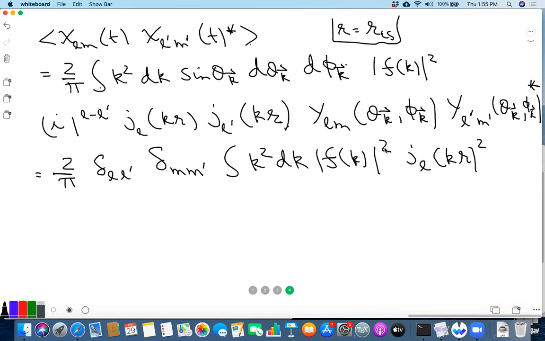There's a factor coming from the correlation function, P_R of k. The 2 pi cubed has gotten cancelled. So what happened to the other? This 2 over pi is the 1 over 2 pi cubed and 1 over 16 pi squared combined. So I think this is everything that we have.